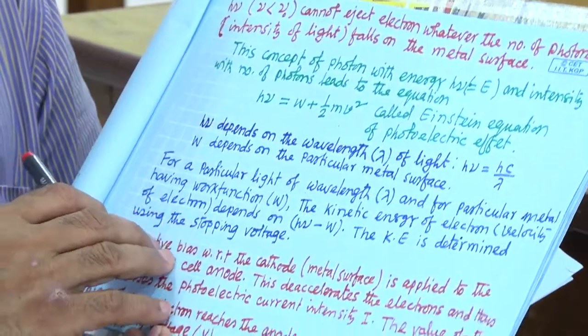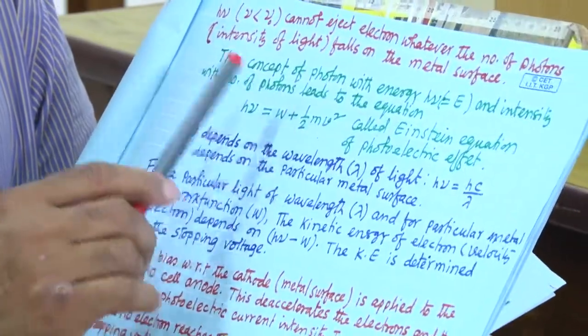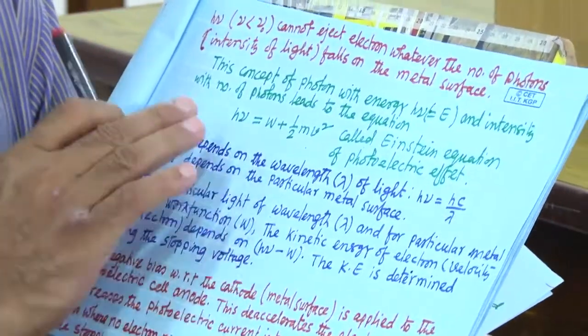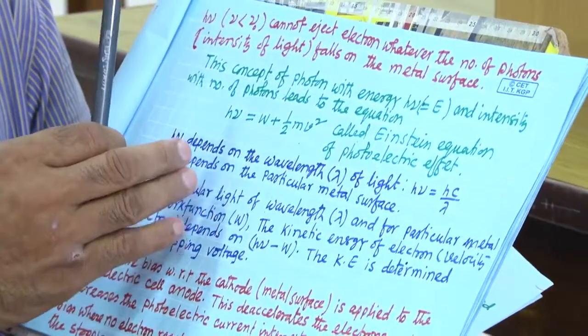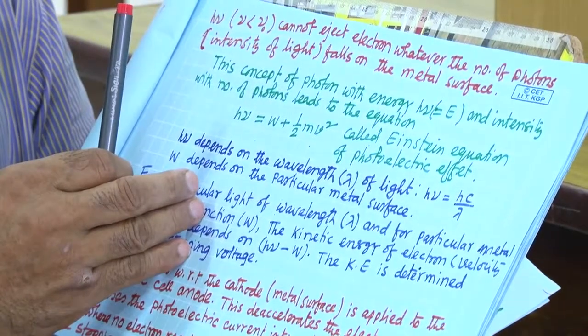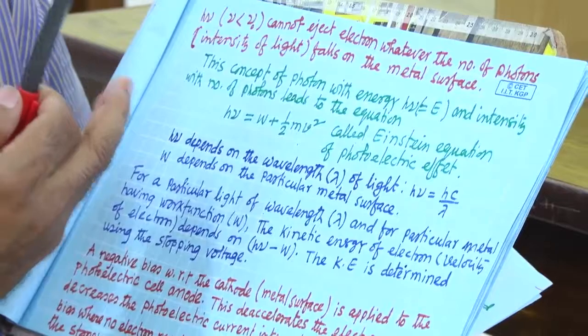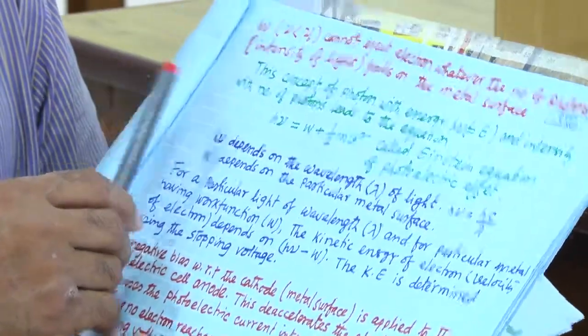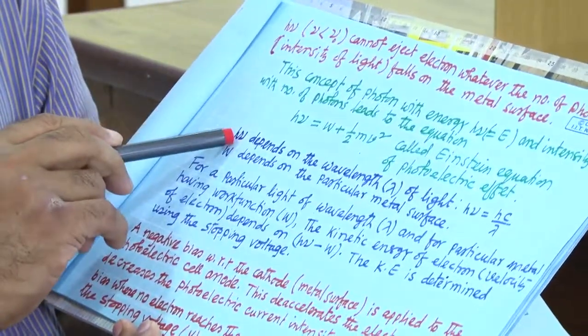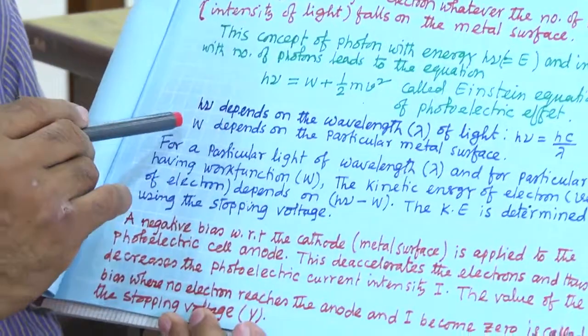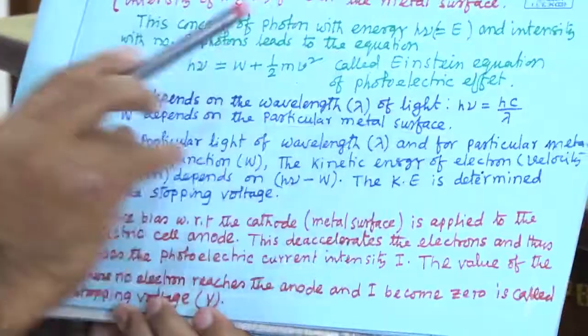Using this equation, it nicely explained the experimental fact which was not possible to explain using the wave concept of light. h nu depends on the wavelength of light, of course, and W depends on the particular metal surface.